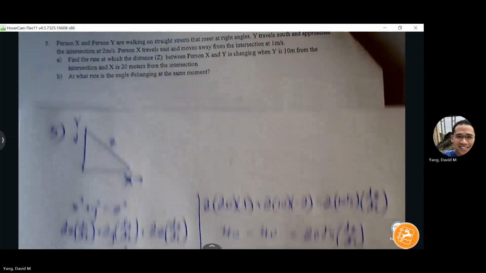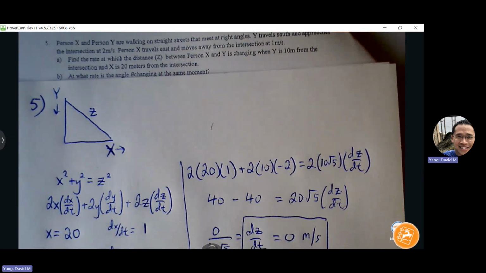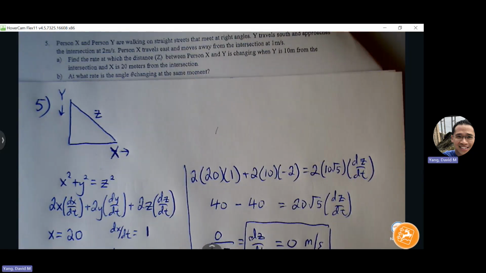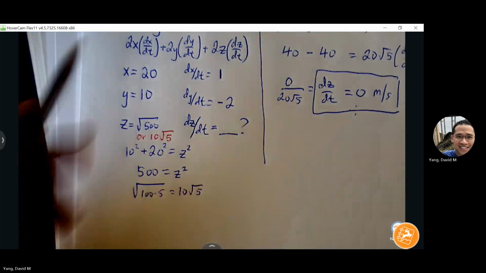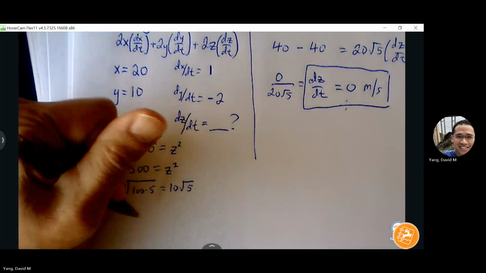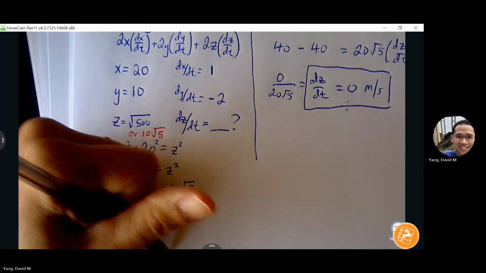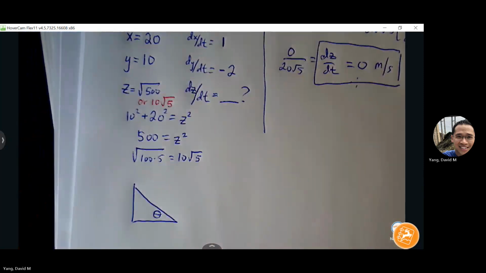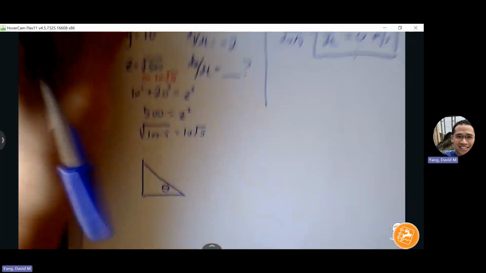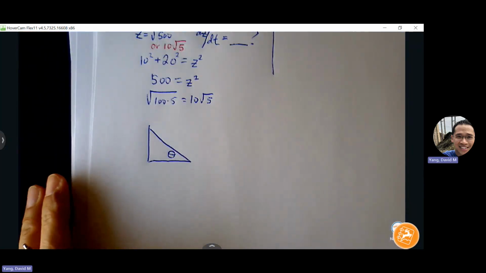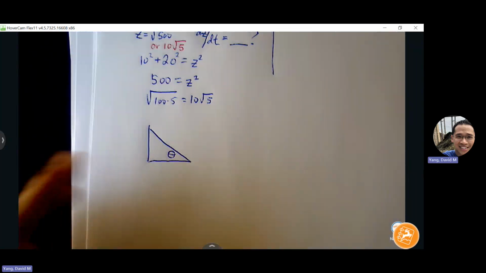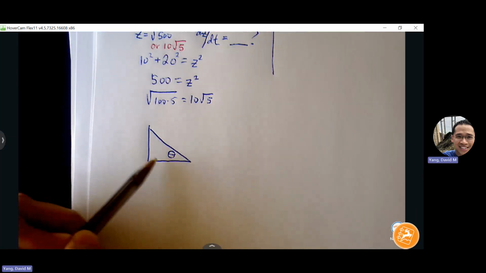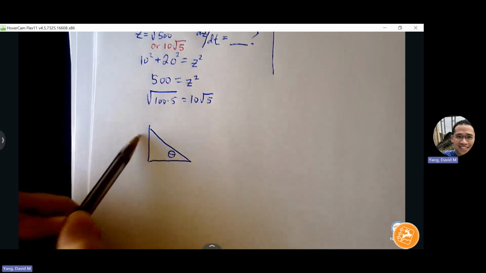Okay, part B. At what rate is the angle theta changing at the same moment? Now, technically, we can choose any of the three trig functions to use, either sine, cosine, or tangent, because we have all the available information.